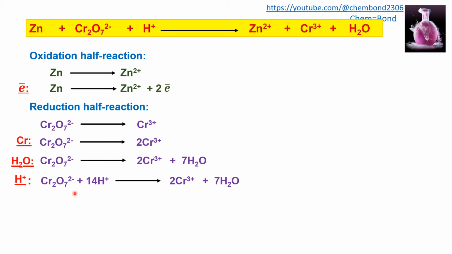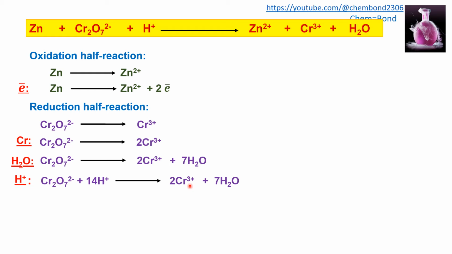Now if we look at this reaction, there are 3 positive charges on each chromium and there are 2 chromium, so over this side there are 6 positive charges, because plus 3 is for one chromium and plus 3 is for the other chromium. If we look at this side, here is minus 2 and plus 14, so the net charge over this side is plus 12.